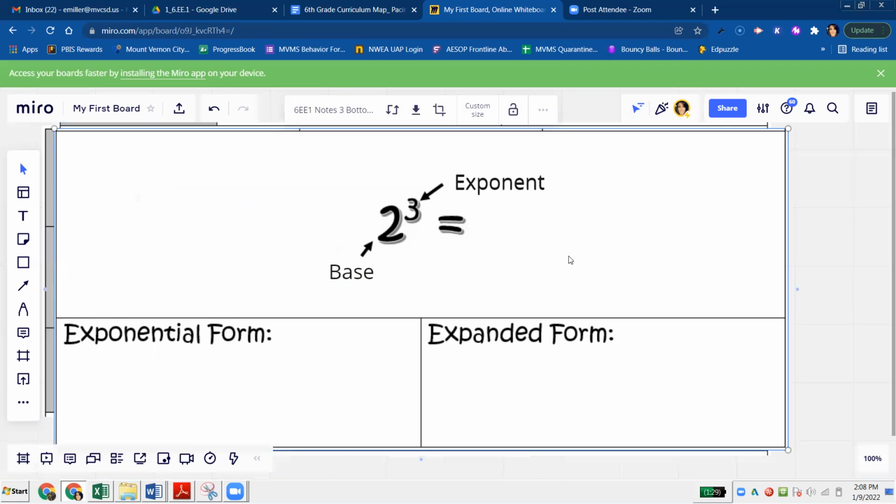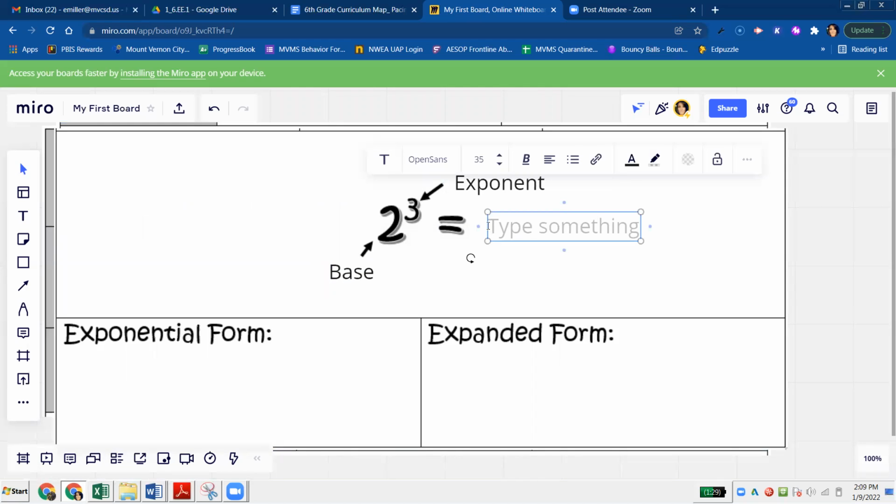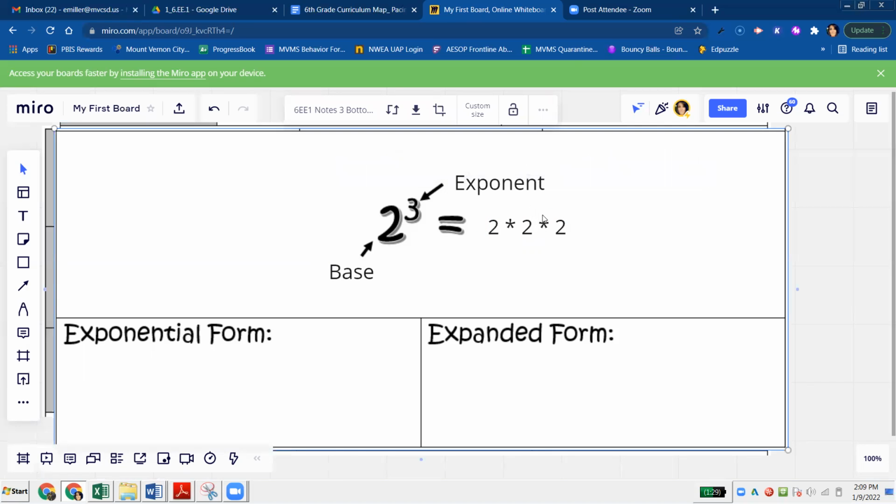And this determines how many times the base will be multiplied by itself. So when you have a base and an exponent, what it represents is the base of 2 being multiplied by itself 3 times here because the exponent is 3. Okay, so you guys can just use a dot here. I had to use a star just because it was easier to type that way.